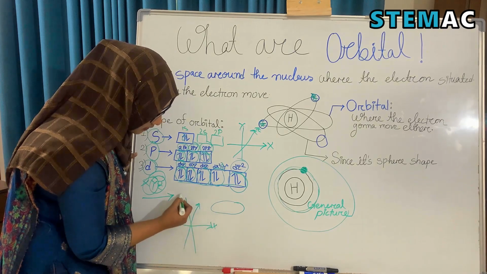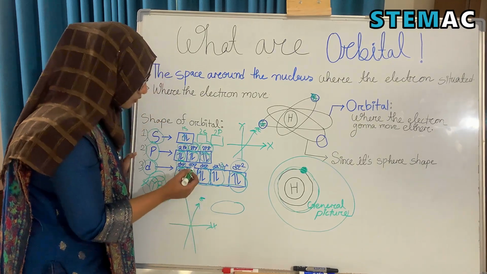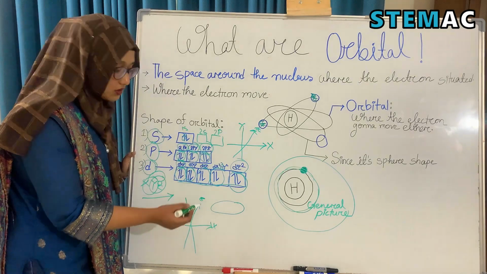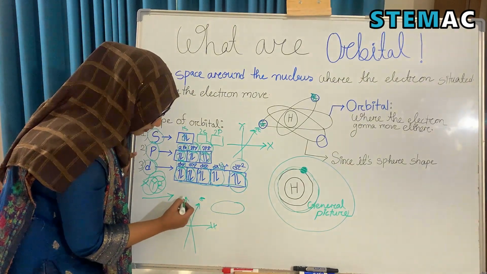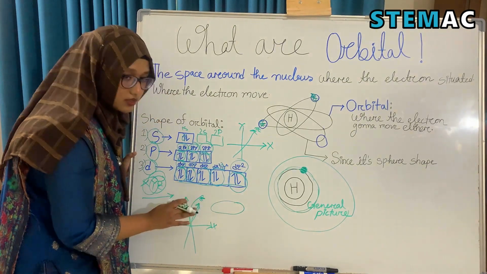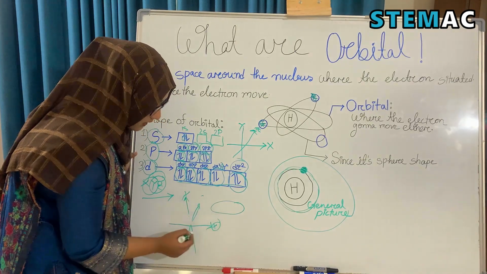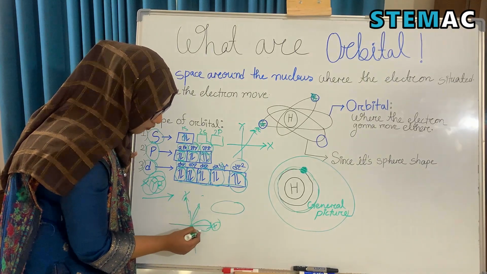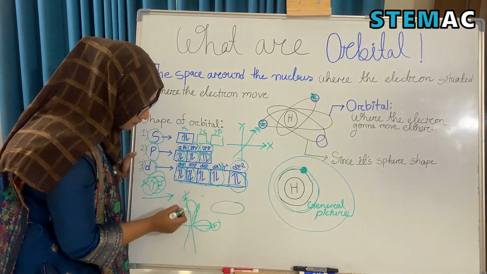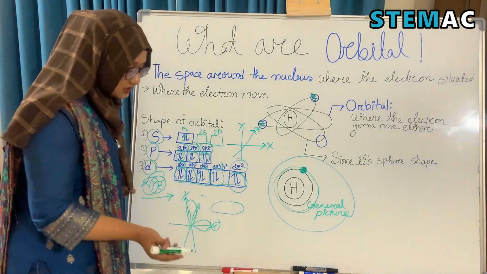We have z here, and we don't have another box, so we're going to have that z line. In x there is one lobe, and here there are two lobes. These are just the initial steps we're going to learn.